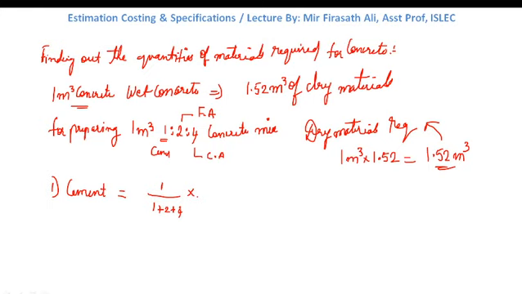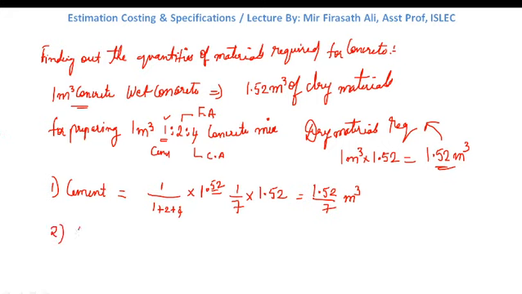So it is 1 by 7 into 1.52. We require 1.52 by 7 meter cube of cement.